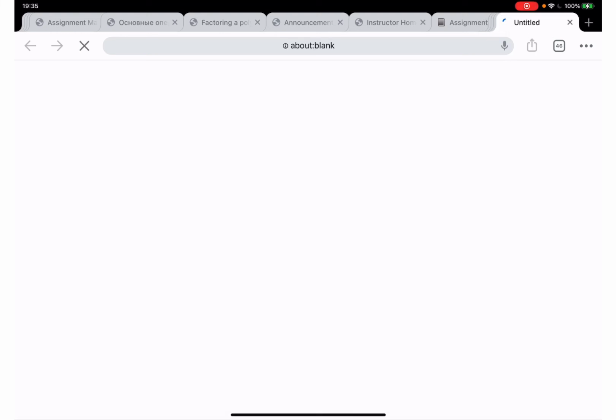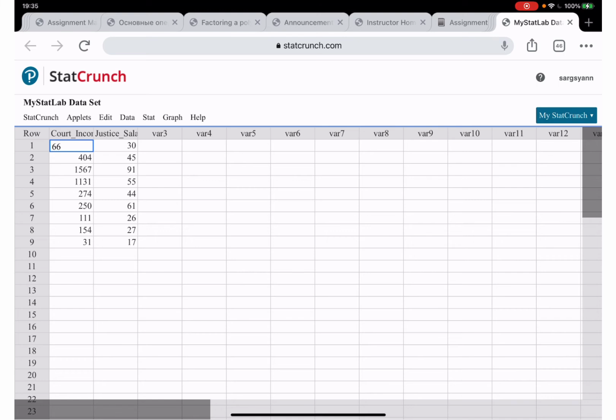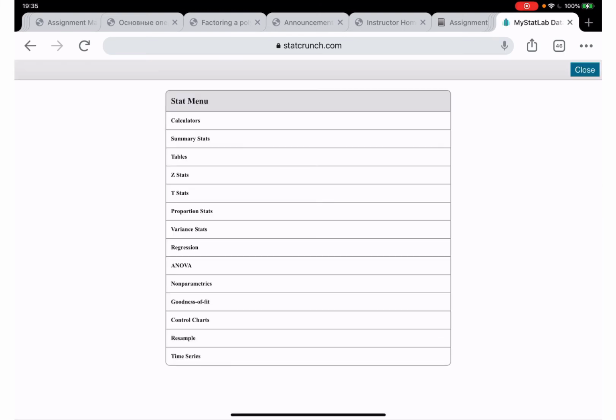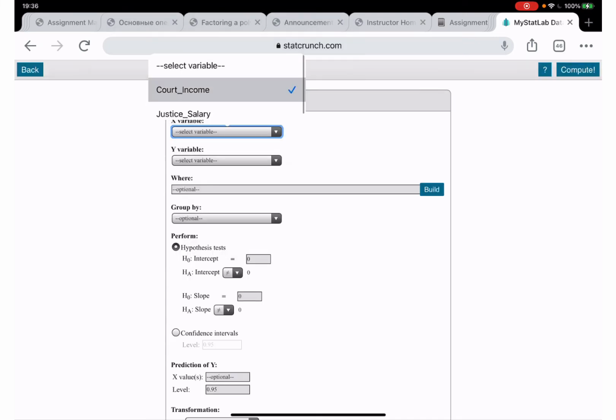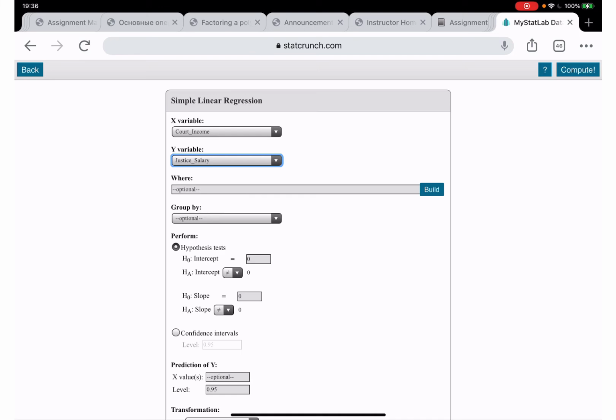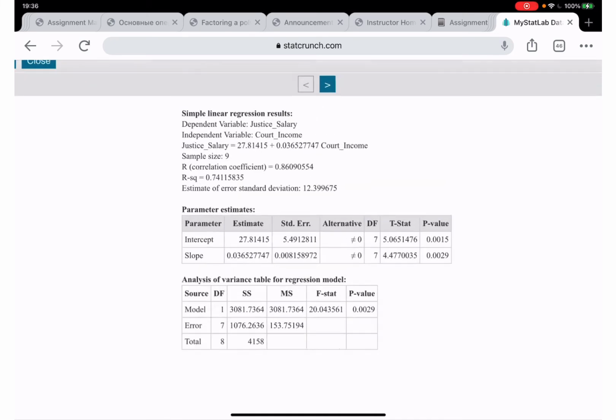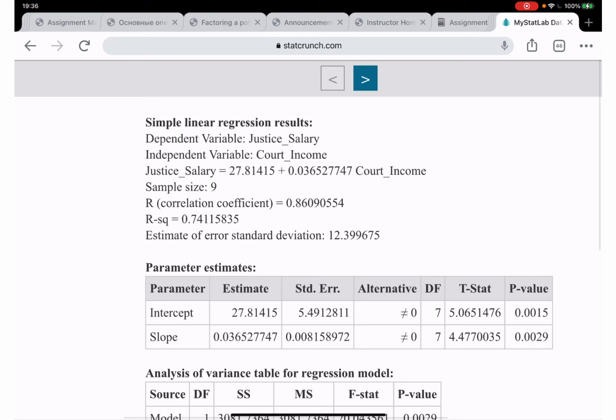StatCrunch, again same thing. Regression, simple regression, this one, compute, and let's write down before we get the scatter plot our correlation coefficient 0.861, and then t-stat for slope, that's what we need, 4.477.